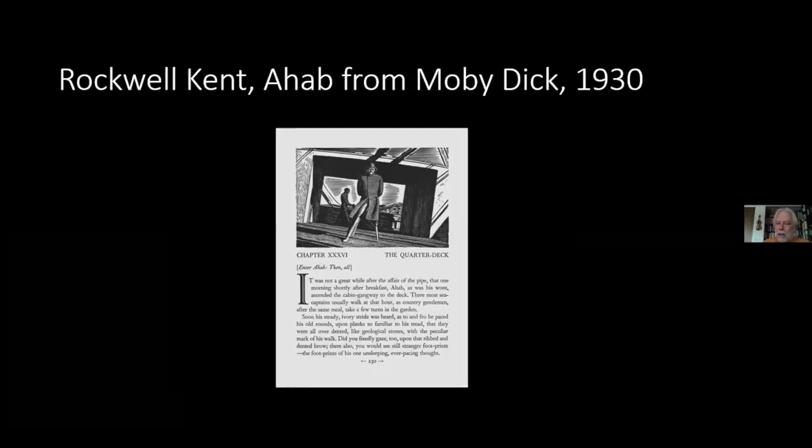Rockwell Kent did a lot of book illustration, mostly in prints, etchings, engravings, graphic work. Here is Captain Ahab with his peg leg from one of the editions, and I'm showing it to you not as the full-scale piece, but in the edition of the book illustration itself. Ahab from Moby Dick.